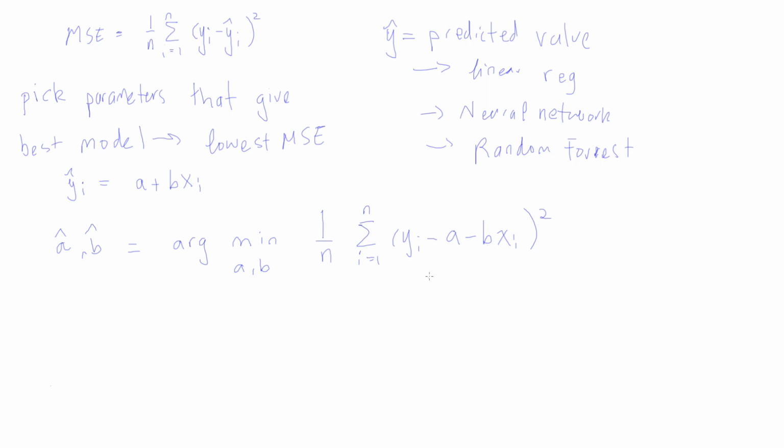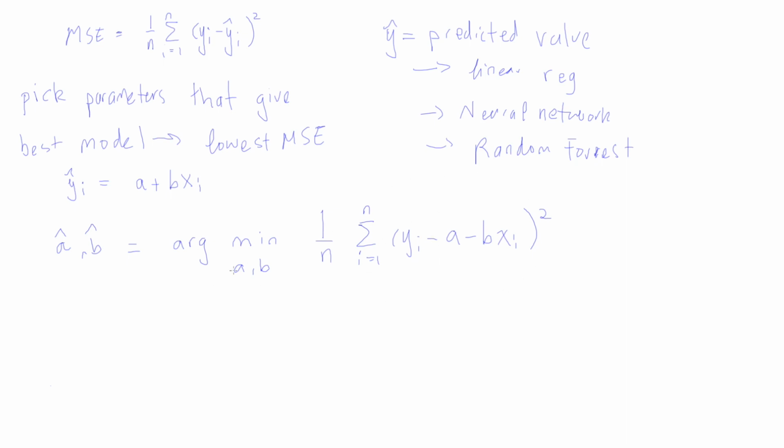Okay, so let me explain this notation. You'll see a hat here, and this is basically just a way of telling us which are the best parameters. So the best parameters, a hat, b hat, are the ones that minimize, they're the arguments that minimize this, which is the mean squared error. And under the minimum, I've put a and b just to explain what we're trying to minimize this with respect to.